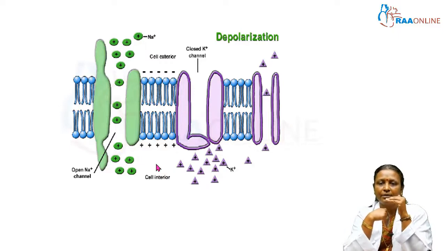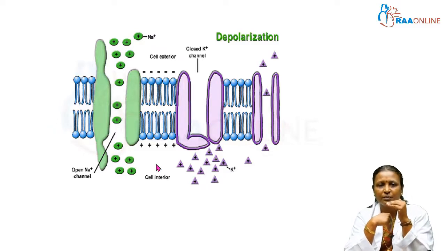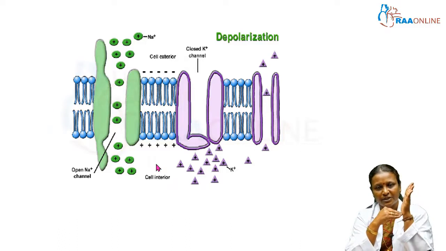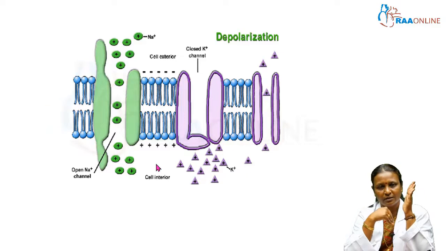When there is an electrical stimulus, when the membrane potential is changed towards positivity, this is the stimulus for the voltage gated sodium channel. What happens? The activation gate opens, the inactivation gate closes. The rate of opening of the activation gate is faster, the rate of closure of the inactivation gate is slower. So, there are a few milliseconds during which the channel is permeable to sodium ion.